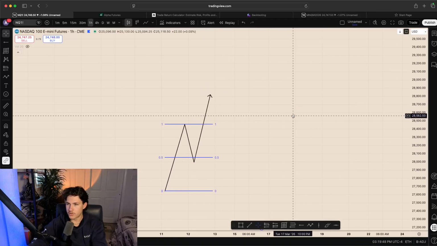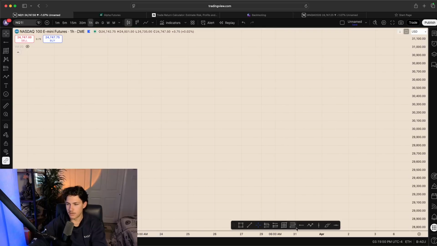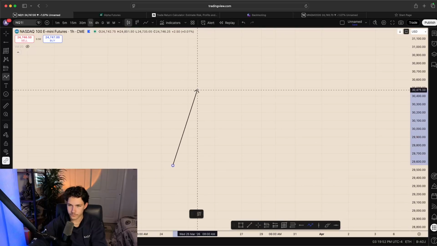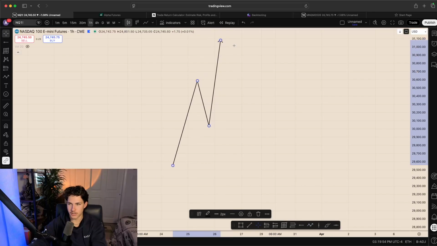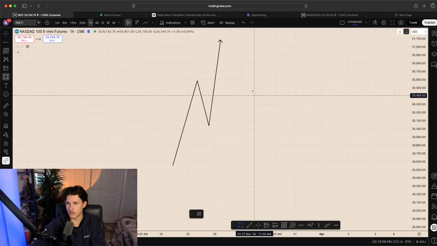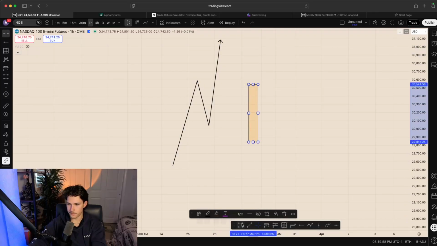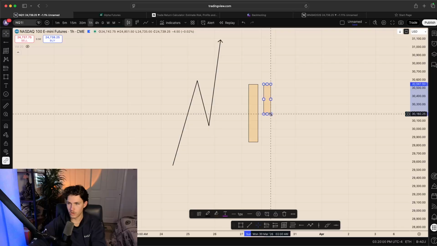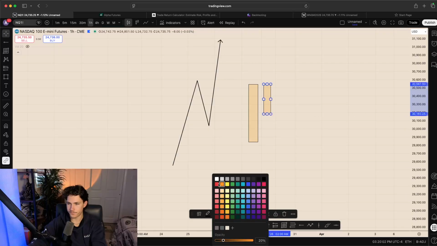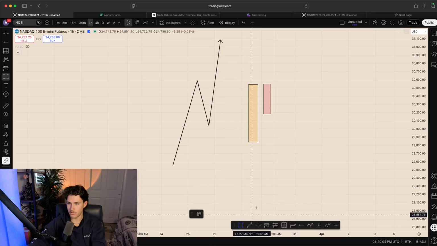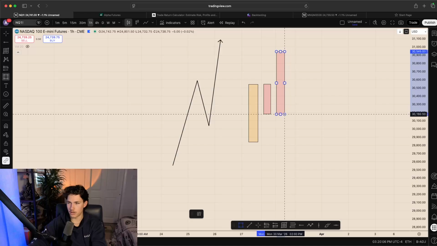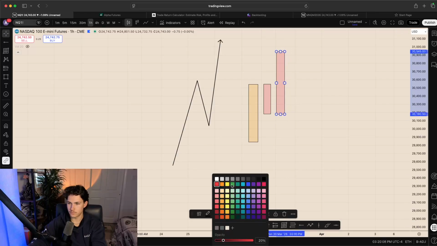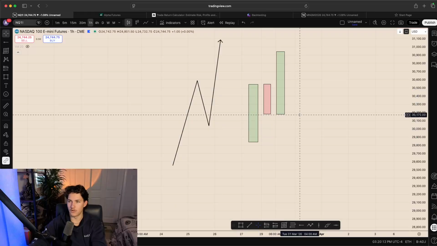When we get a retracement on, let's say, the 5-minute, it just looks like this. It could be even like one candle here, one candle down, and then one candle back up. Right? Let's say this is what we're looking at on the 5-minute.